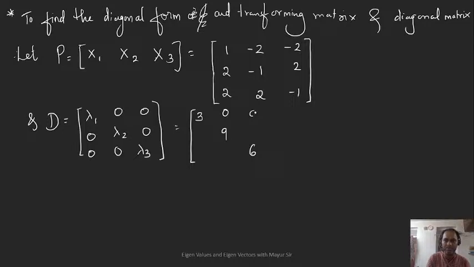So this is the diagonal matrix. This is what they ask. Now we check that.